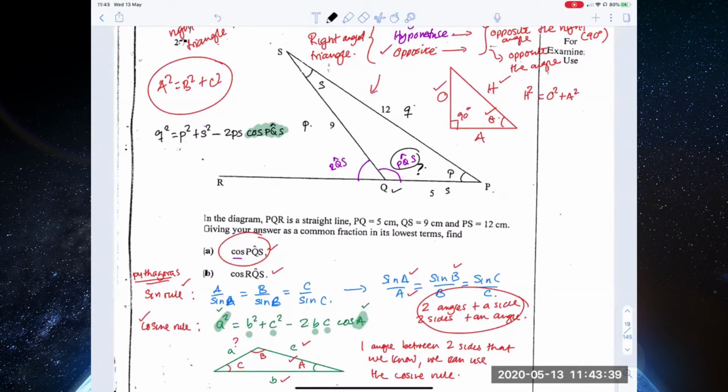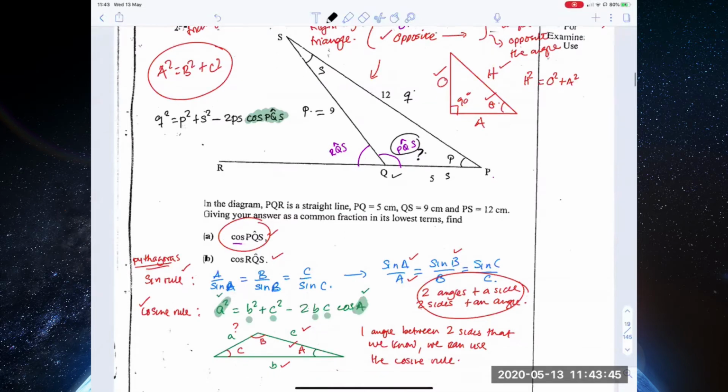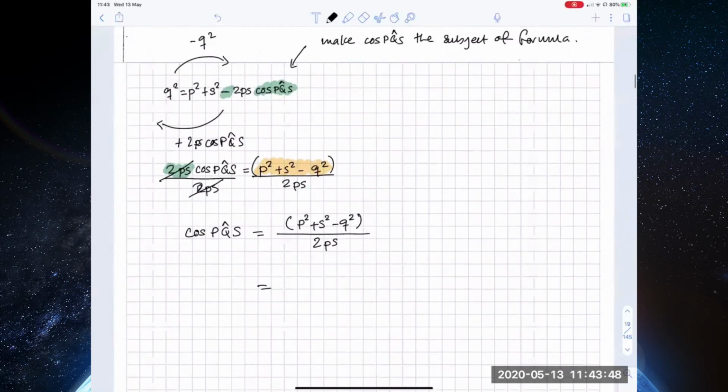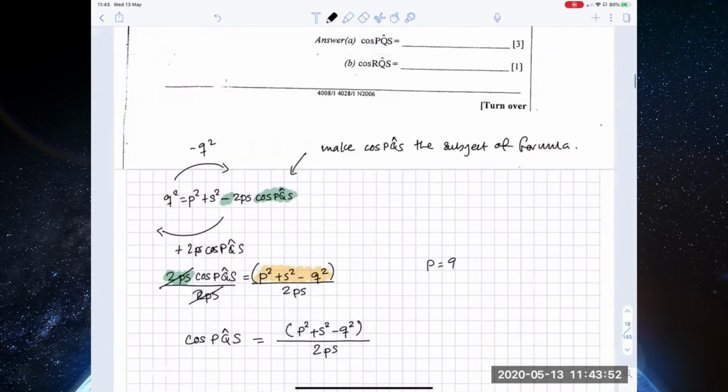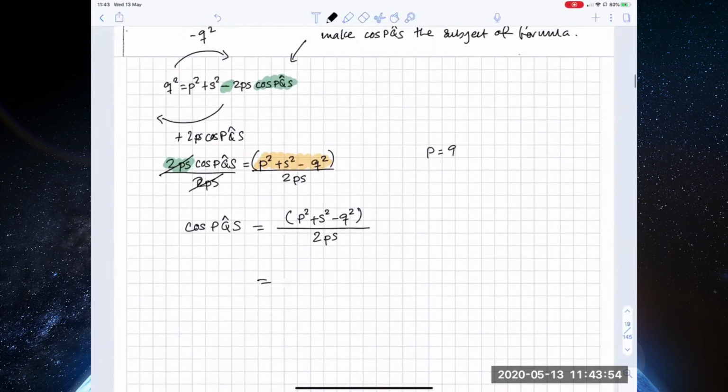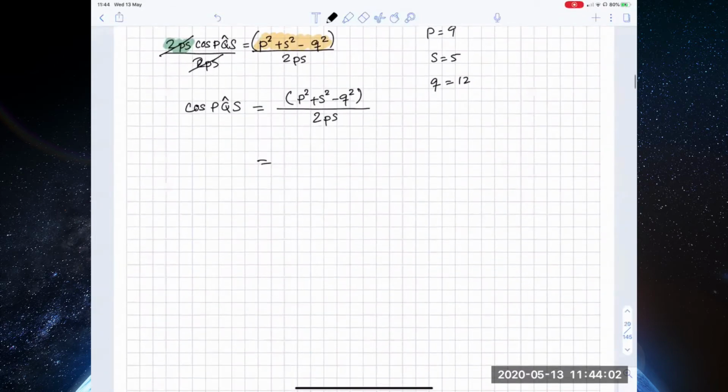Small p. P is equal to 9. Let's just put them here. P equals 9, and then S equals 5. And what was the other one? Q equals 12, right?